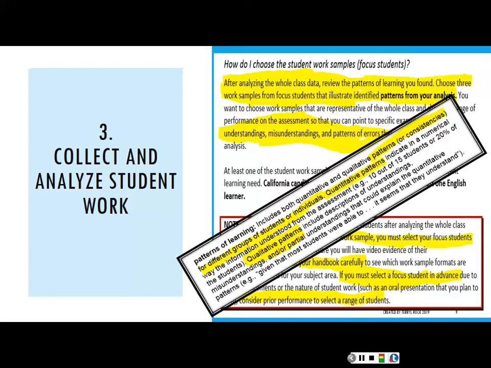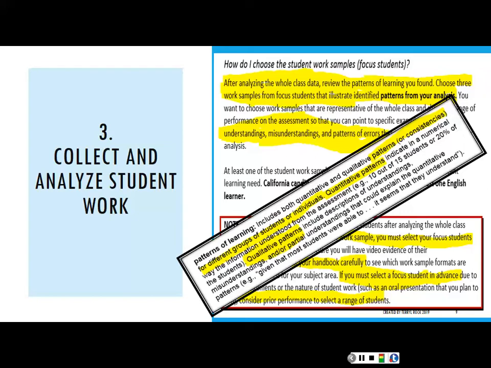I know what your handbook says, that one of the focus students must be a student with special needs. However, if you look at the condition codes and the rubrics, you will see that having that or not having that makes no difference in your score.